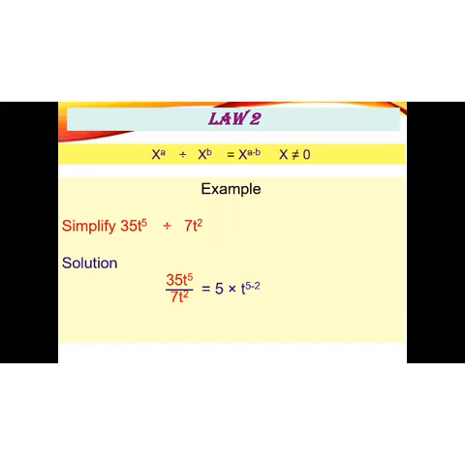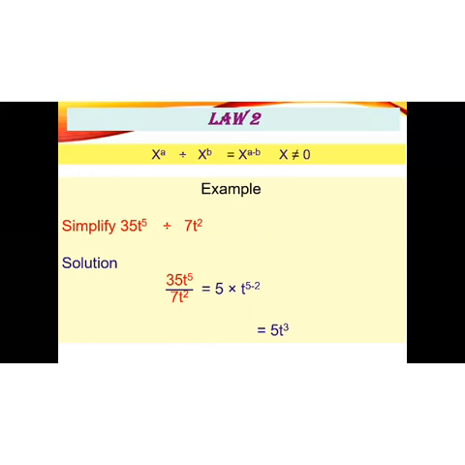Then we have t as a common letter to the two terms in that expression. So t raised to the power of 5 will be divided by t raised to the power of 2. So that becomes t raised to the power of 5 minus 2. So what we have is 5t raised to the power of 3.